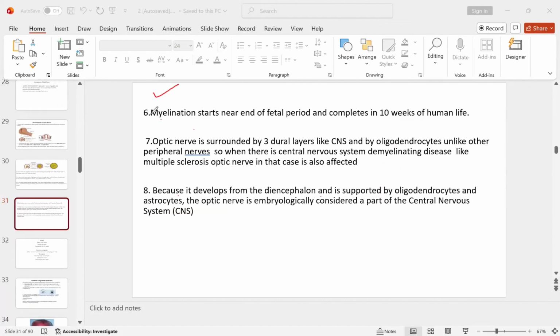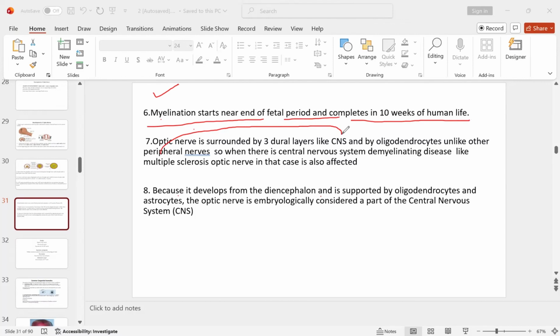The myelination of the optic nerve starts near the end of fetal period, and it is completed in the 10th week of human life. Optic nerve is considered as a part of central nervous system rather than being a part of peripheral nervous system. It's so because the optic nerve has three characteristics that make it able to be considered as a part of central nervous system.